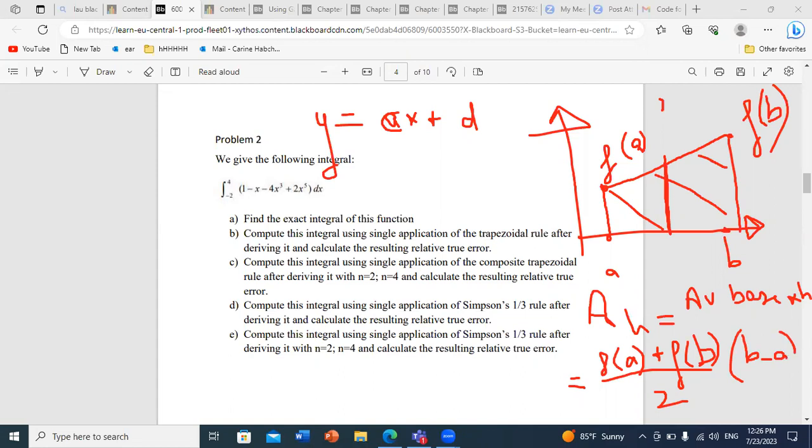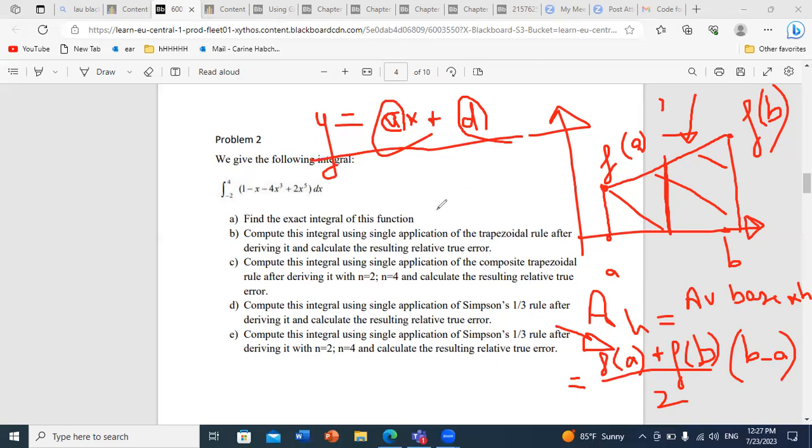We say the straight line should pass through points A and B, so I can determine the coefficients C and D based on this, because when you have 2 points, you can get an equation. Once you get the coefficients C and D as functions of FA and FB, you can integrate this function and find that the expression is exactly the same: (FA plus FB) over 2 times (B minus A). We already did this method in class, and this is another method I'm giving you now. So this is the derivation for the trapezoidal rule.